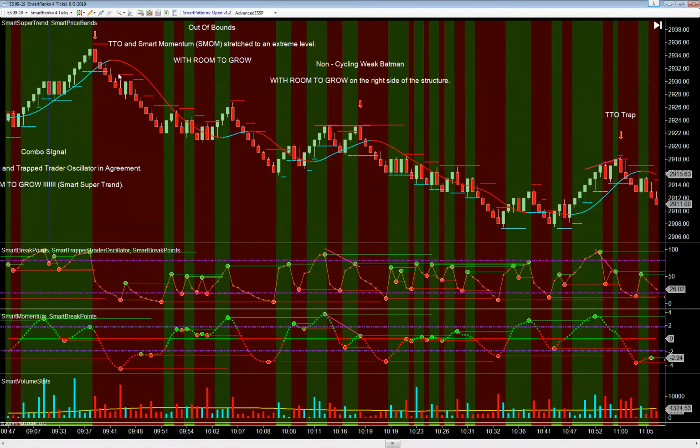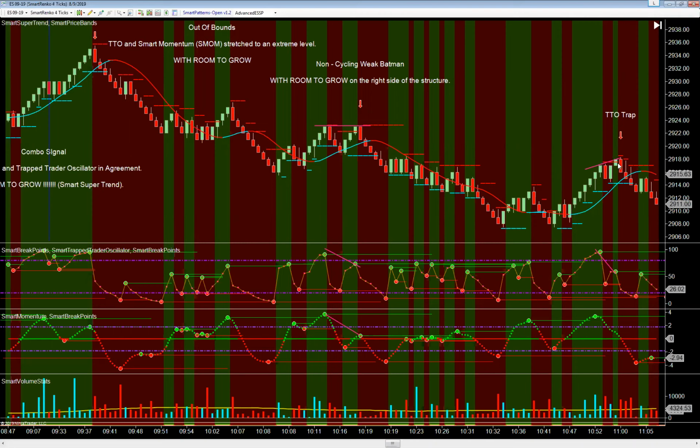So there's two signals that we had for our members that both turned out well. We call this a trap trader oscillator, or TTO trap. And all this is simply a fake out breakout. We have a long run, in this case 6 points, a reversal, and in 6 points the market tries to reverse against that and fails, continues up, but it only goes 1 bar and then it reverses.